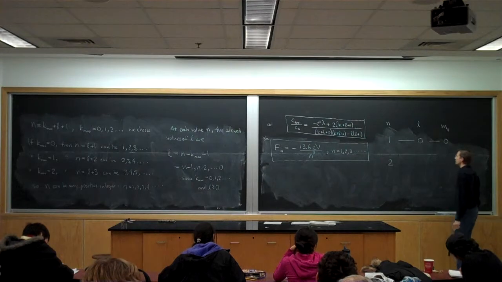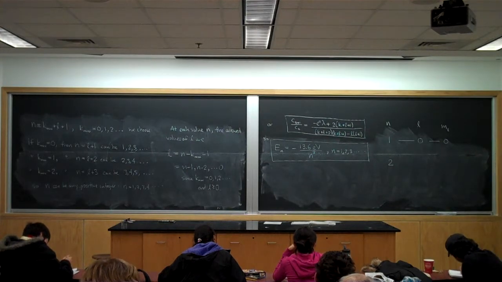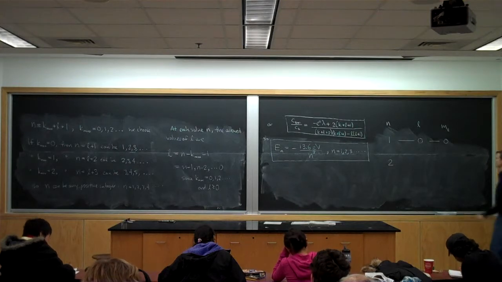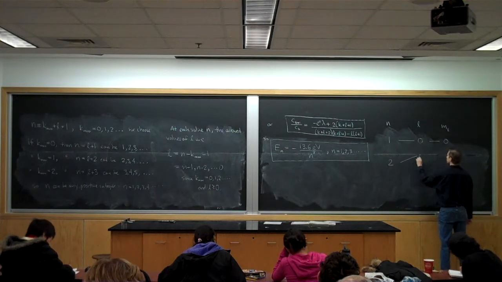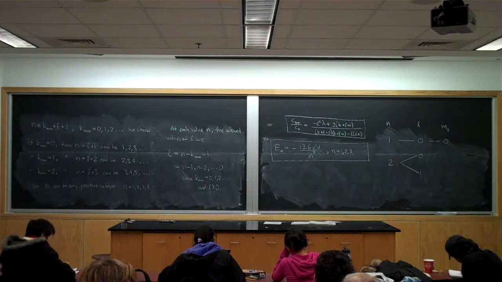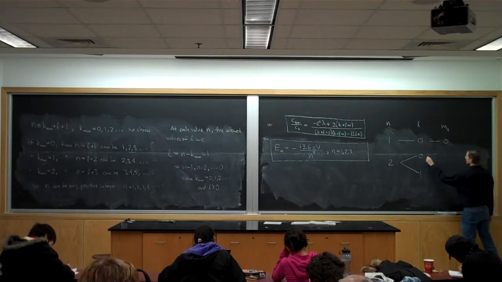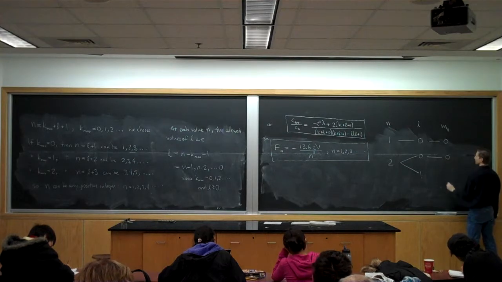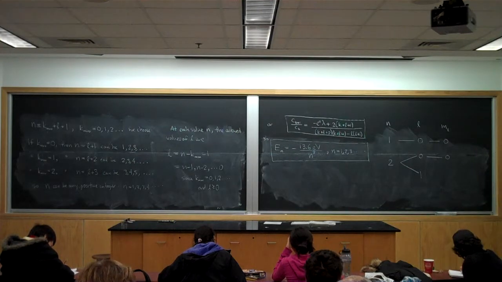If n is equal to 2, what values of L are possible? 0 and 1, right. So we could have 0 or 1 in that case. If L is 0, m has to be 0, but if L is 1, m can be 1, 0, minus 1.